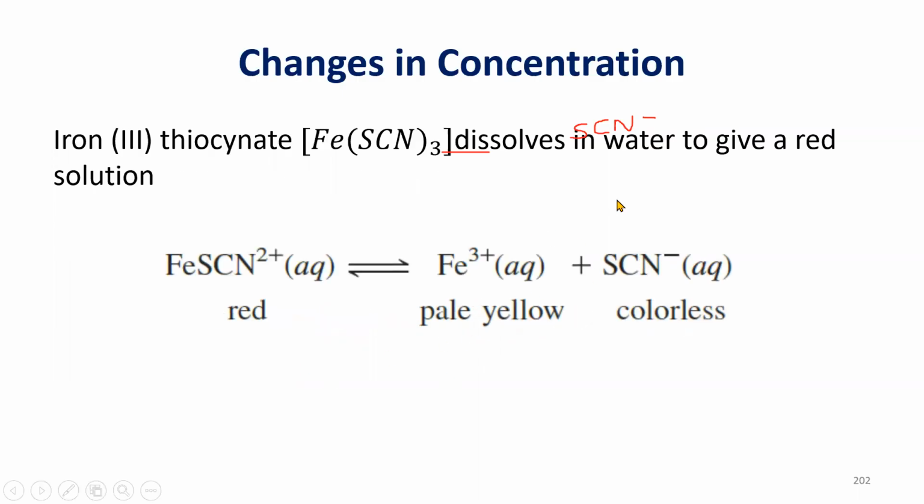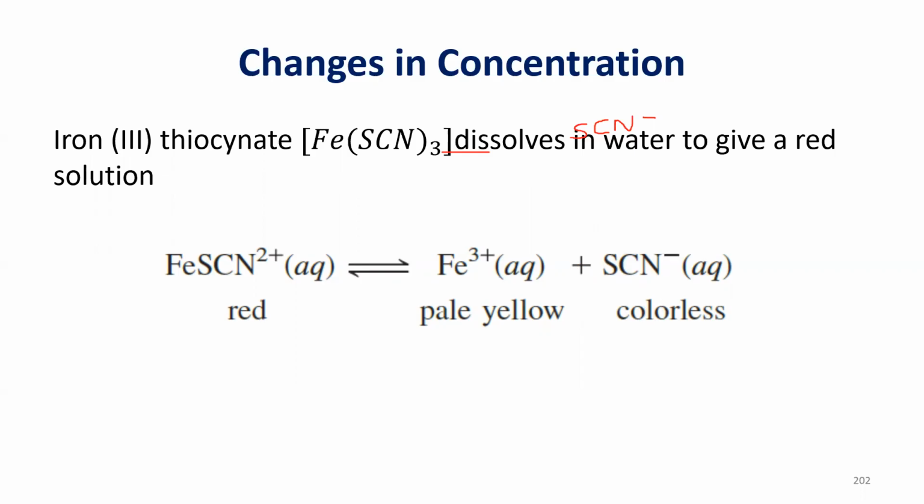So you're increasing the concentration of thiocyanate. So it means now the stress that you are introducing to the system is the increase in the concentration of the thiocyanate ion. So the system will move to restore the balance that it had at equilibrium.